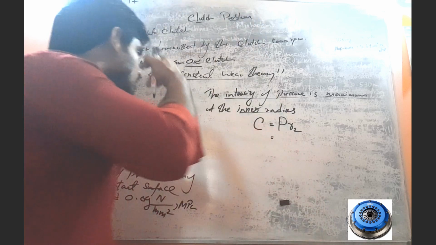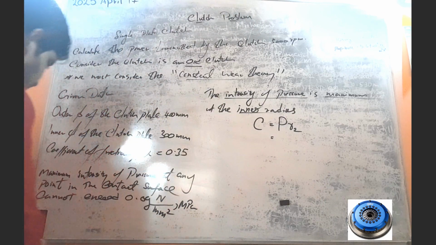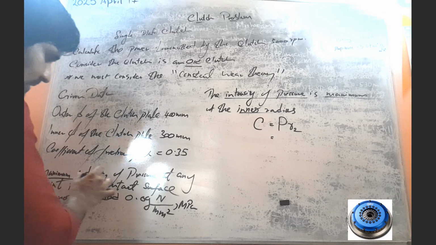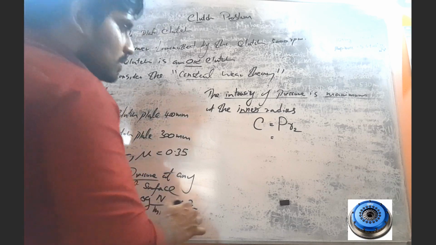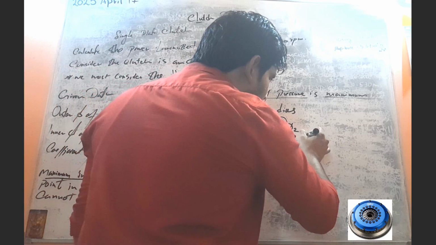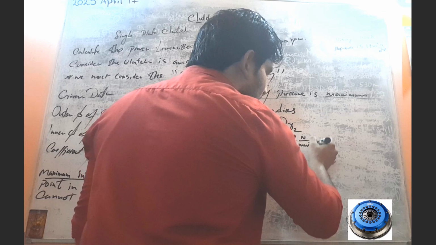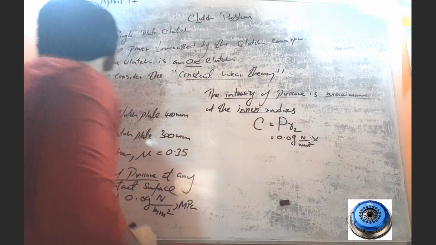What is P? That is what we are going to consider as the maximum intensity of pressure, which is 0.09 newtons per millimeter square multiplied by the inner radius.